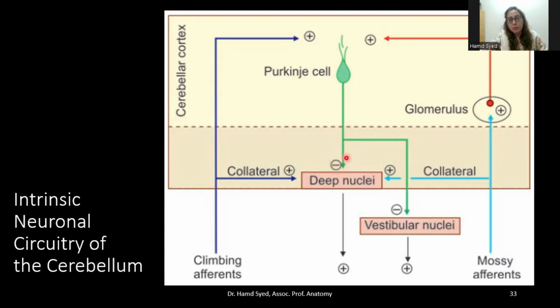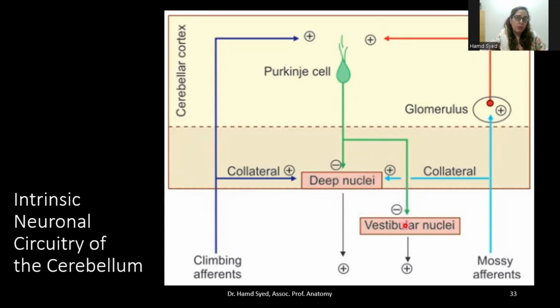So their effect is inhibitory, and they synapse on these deep nuclei, which themselves have an excitatory effect. So this is how the Purkinje cell is going to modulate the signals emerging from the deep nuclei.